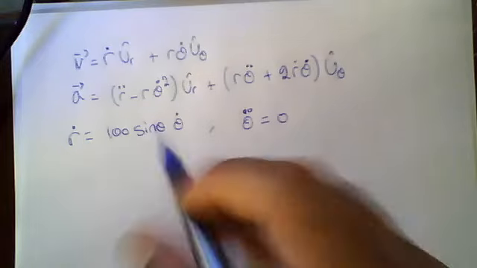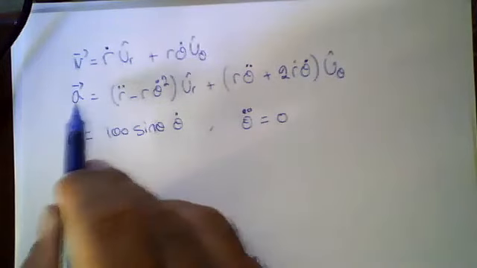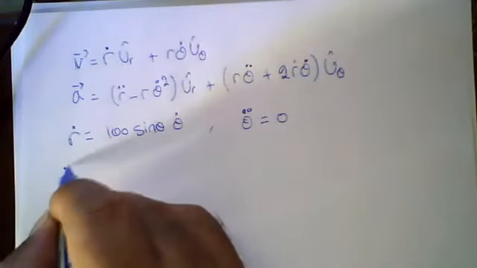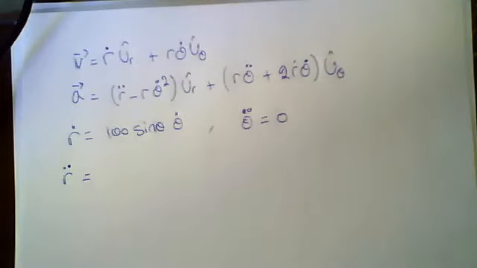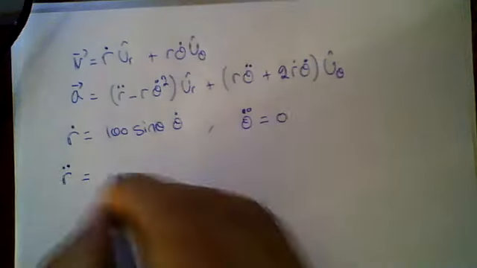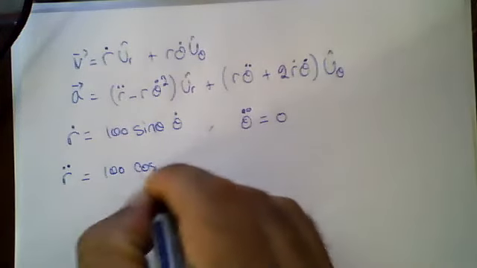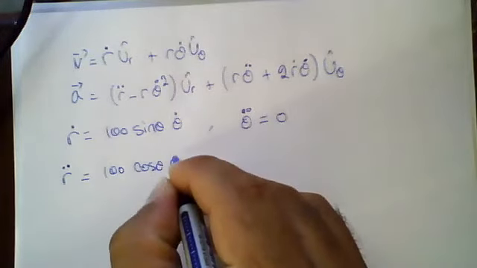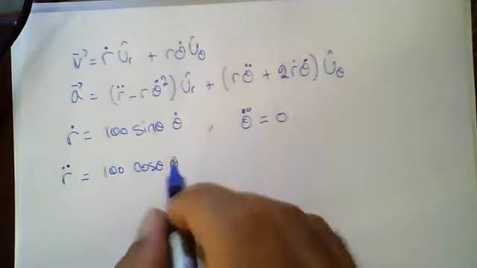So now we are here. I need r double dot to be able to plug it here. What is r double dot? 100 cosine theta theta prime plus theta double prime 100 sine theta. No, okay, 100.